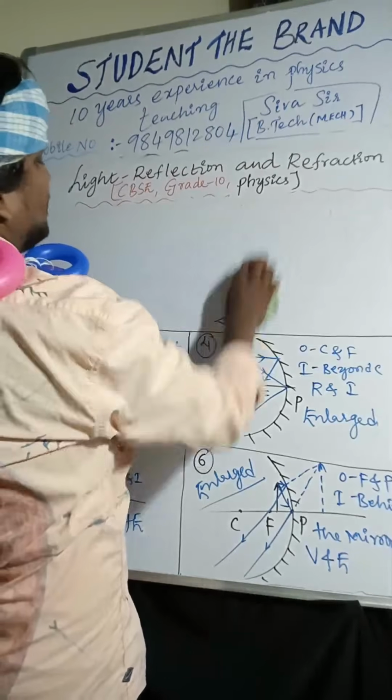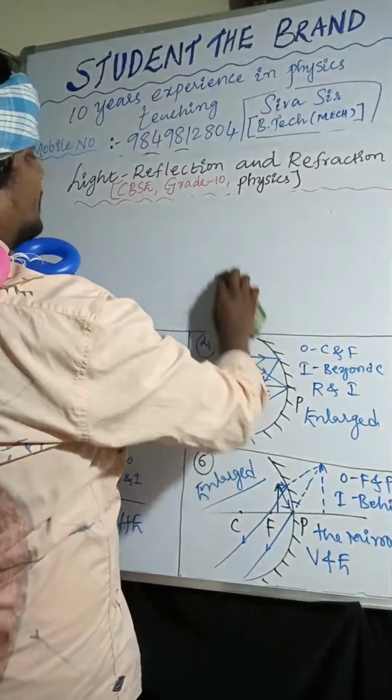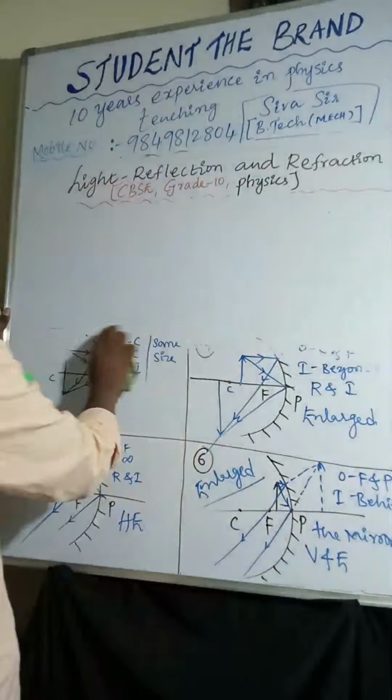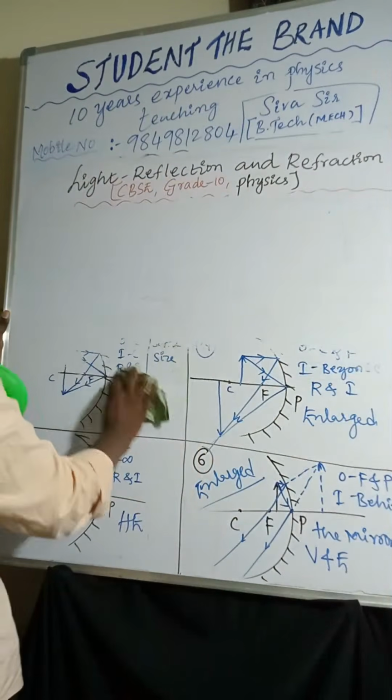Next one we are going to discuss is convex mirror image formation.